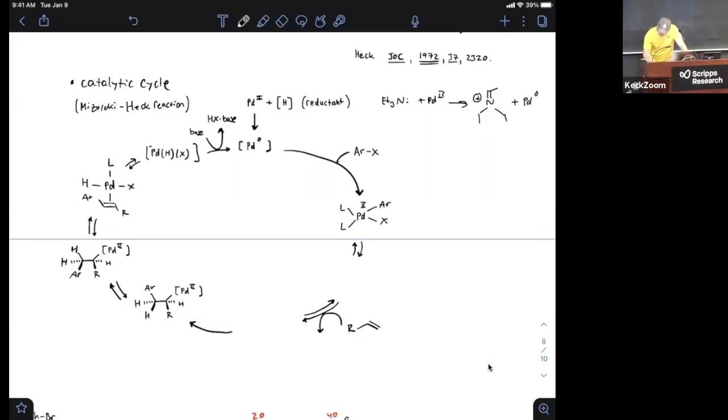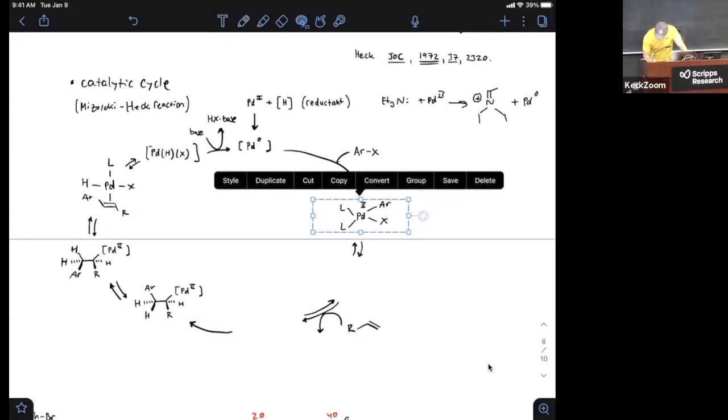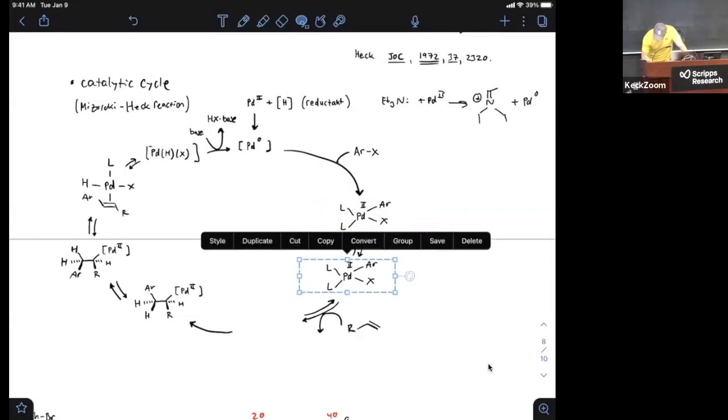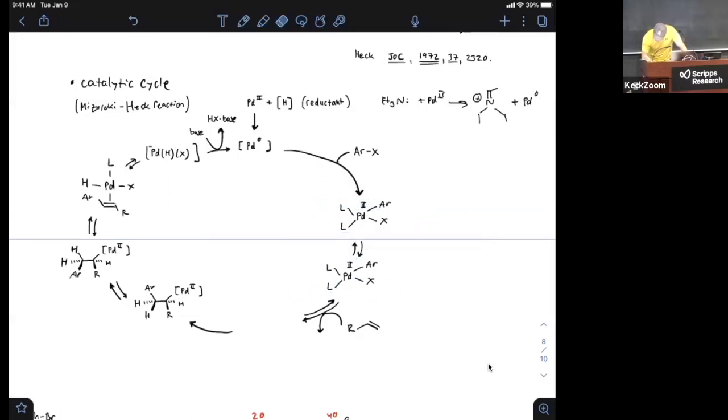Perfect. And then I have this equilibrium drawn. So what might happen next here? Isomerize. Cis to trans isomerization. Perfect. Now the alkene needs to coordinate.